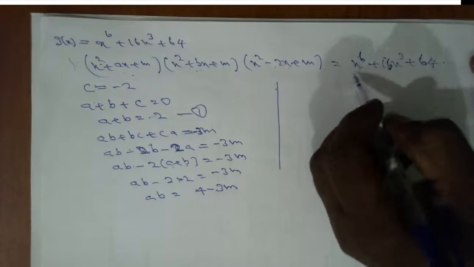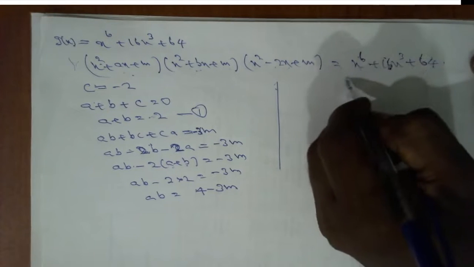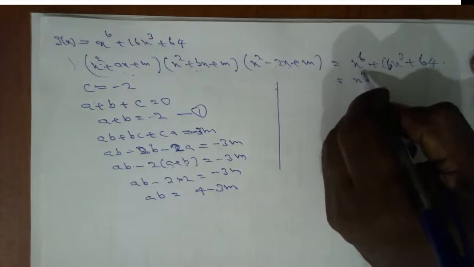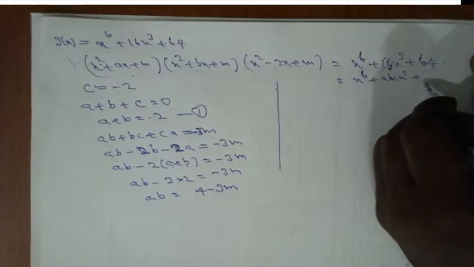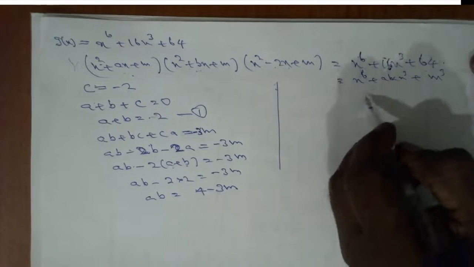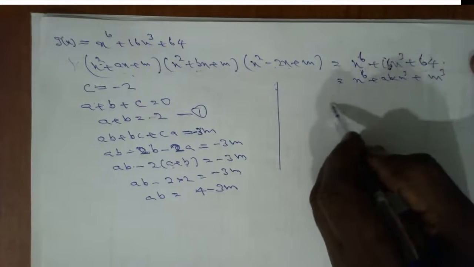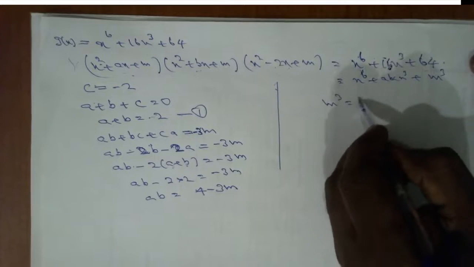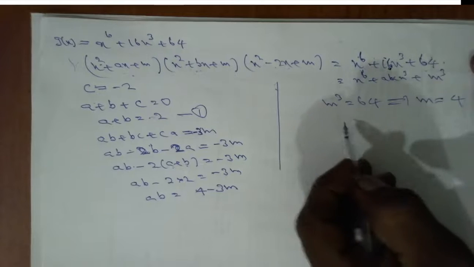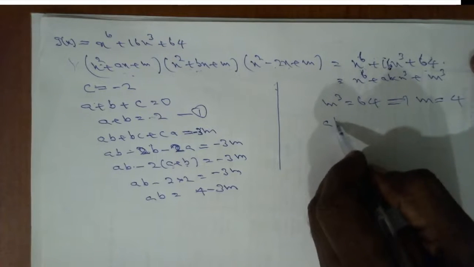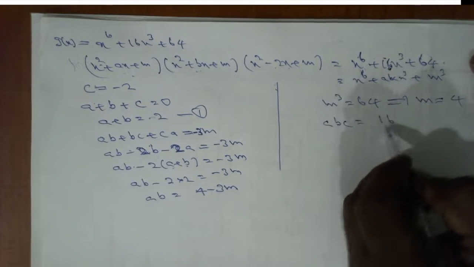So you can compare x to the 6 plus abc x cube plus m cube. Comparing this side, you get m cube equals 64. From this you get m equals 4. Very simple. Then abc equals 16.